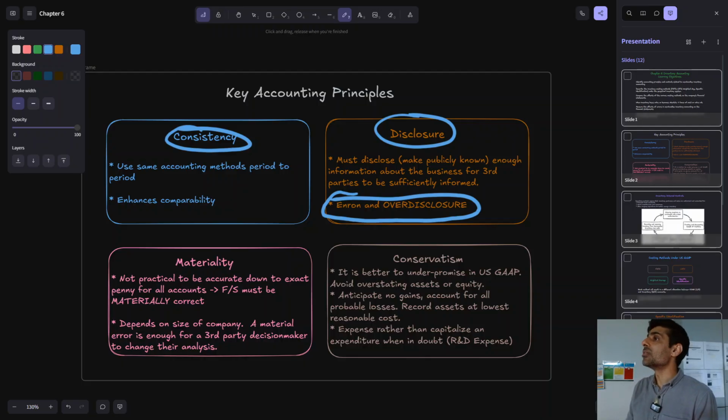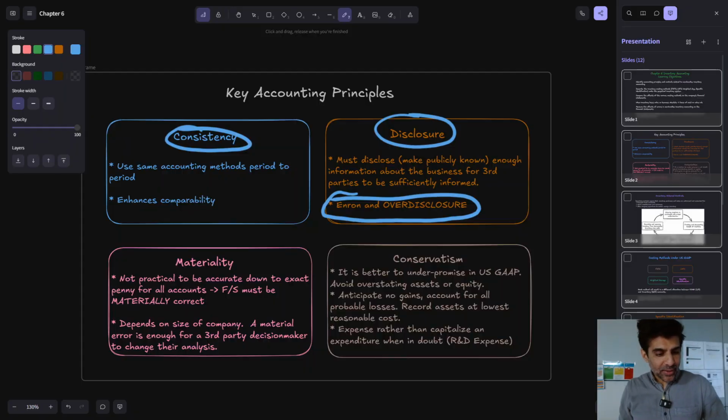Companies can use disclosure as a way of flooding the zone and burying what they're actually doing. Okay, so maybe if we have time, we can talk about Enron. They did some very, very, very aggressive things that were actually allowed under GAAP. Some of it. So yeah, maybe if we have time later, we can talk about that.